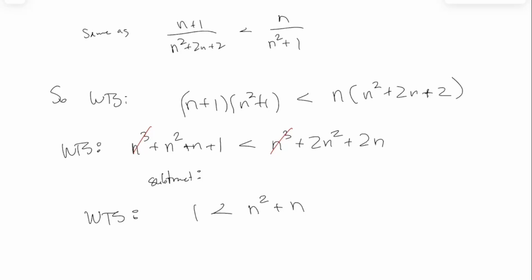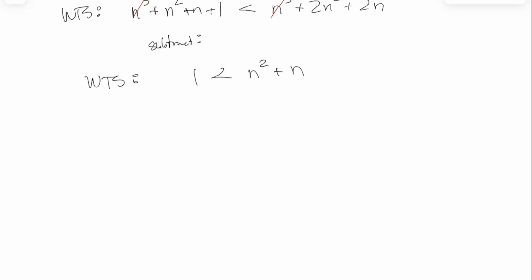Anybody say something? n is greater than or equal to 1, so. Right. This is a sequence, so n is greater than or equal to 1. And that thing on the right-hand side, if n is at least 1, then it's always going to be bigger than 1.